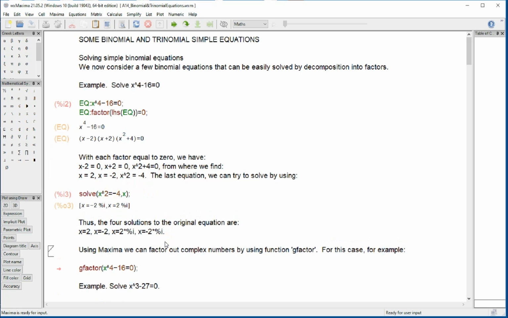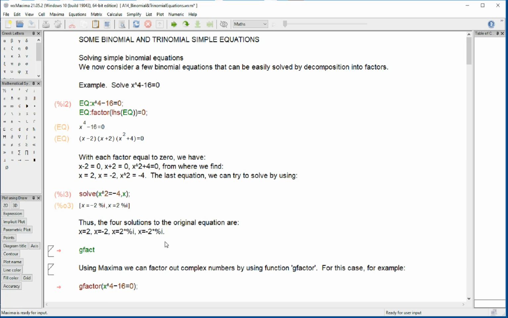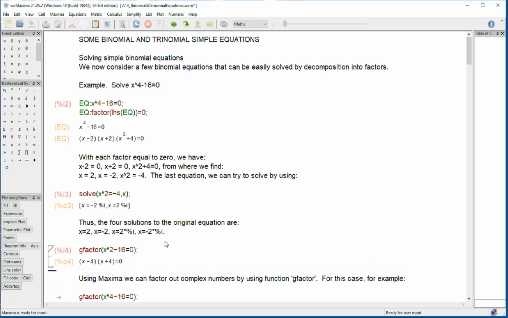Now there is a function that I didn't include here, but it's called gfactor, that can be used on x to the fourth power. That can be used to factor out everything, including complex numbers.